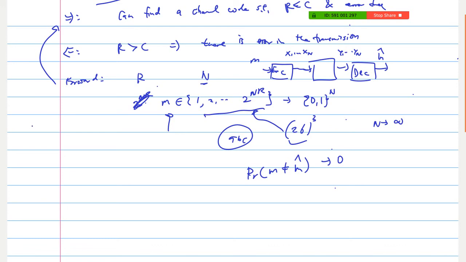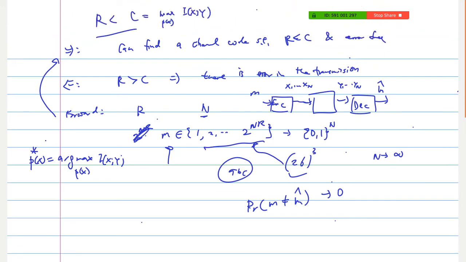First let's assume that p_X star is the distribution that maximizes I(X;Y), or in other words, p_X star is the input distribution you want that will achieve the capacity. And then we'll generate the codebook according to this distribution p_X star.